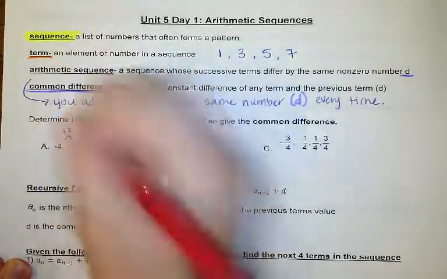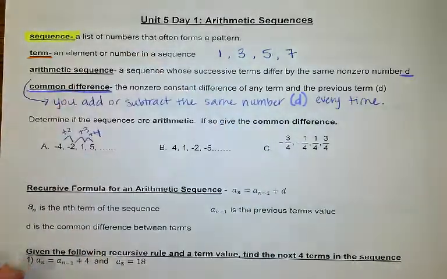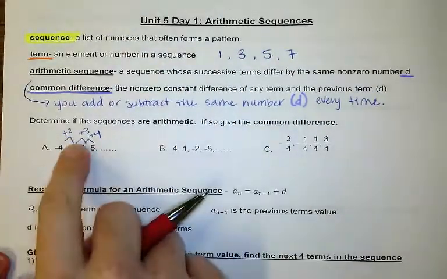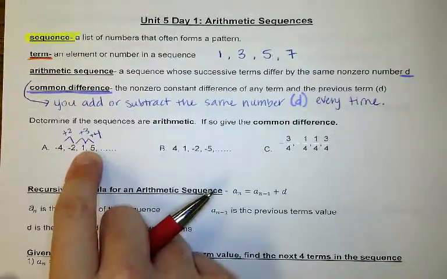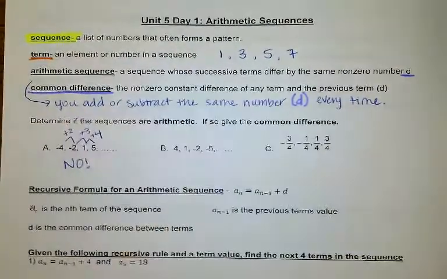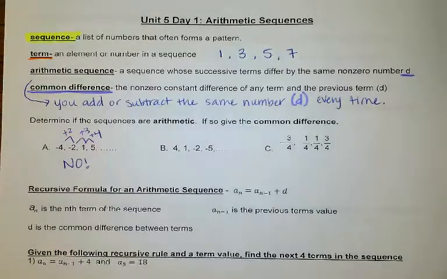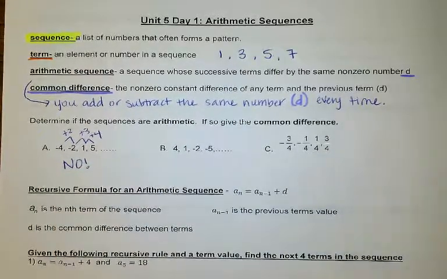Oh, I'm adding 3. To get from 1 to 5, what am I doing? Adding 4. Okay, so is there a pattern? But is it an arithmetic sequence? No. So this would be a no, because there is no common difference. That doesn't mean it's not a sequence. It is a sequence. It's just not special and arithmetic. Does that make sense, y'all? Y'all tracking with me? So arithmetic sequences are special.